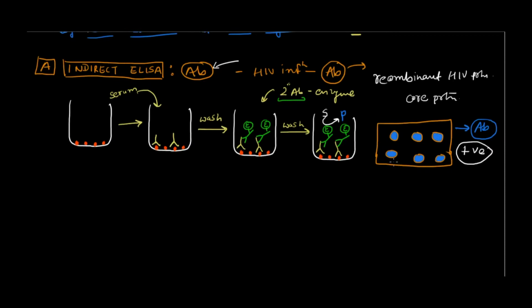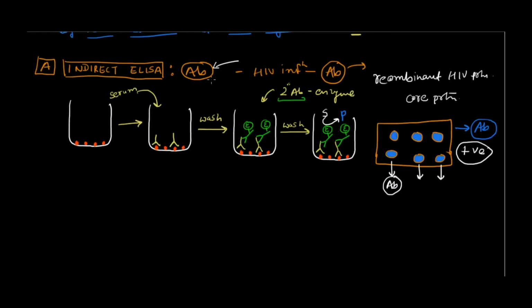So in the end, I might observe a different variation. The intensity of color will be different depending on how much antibody is present after dilution, so that I can quantify how much of my antibody or even antigen for that matter is present. But that part I will come to at the end of the video. Right now let's just understand the principle, what is happening in every type of variant.